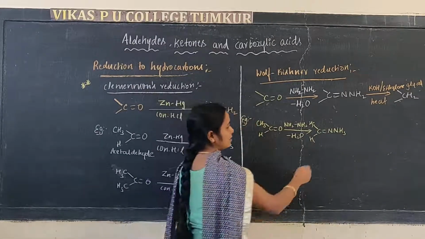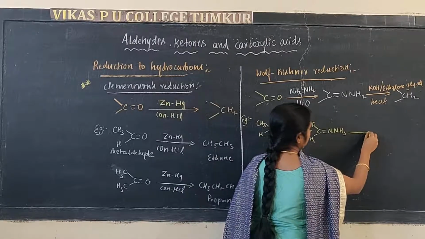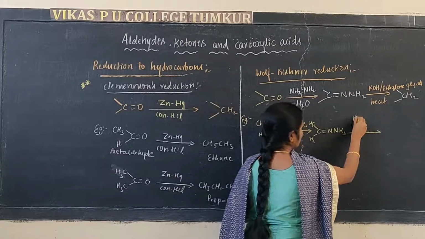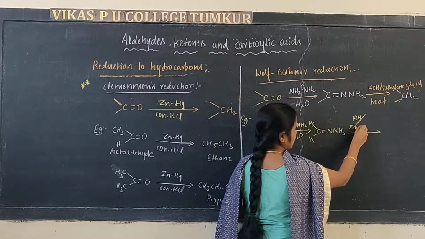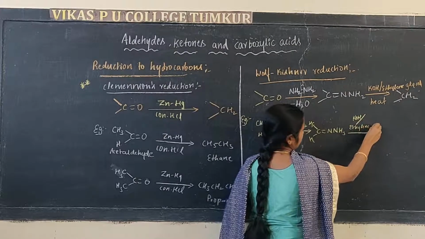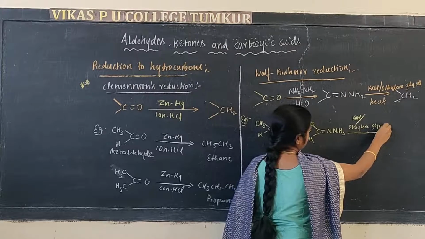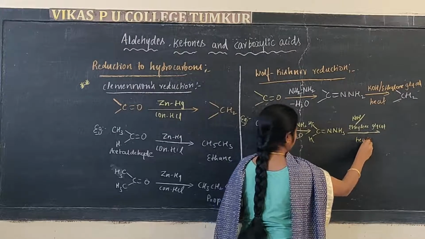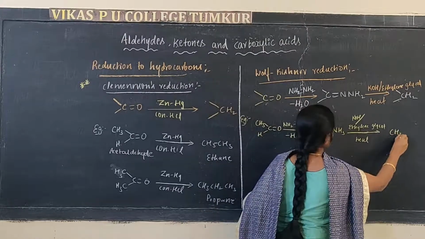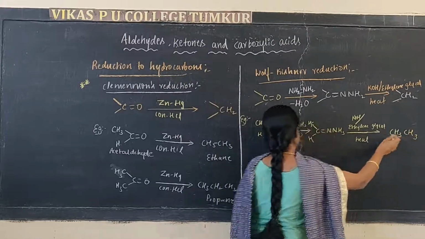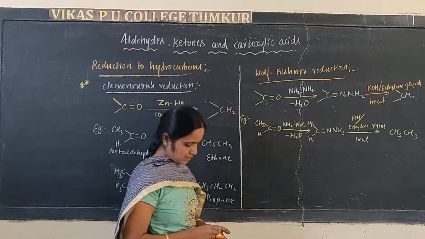This, on again treating with KOH, potassium hydroxide, and ethylene glycol, then on heating CH3CH3 is formed, that is ethane.